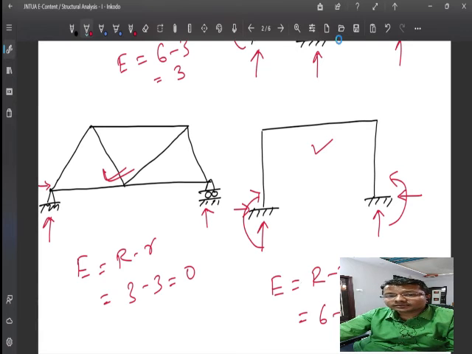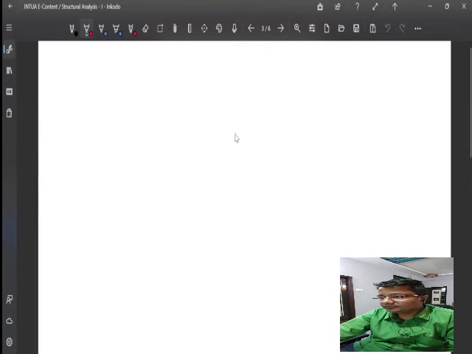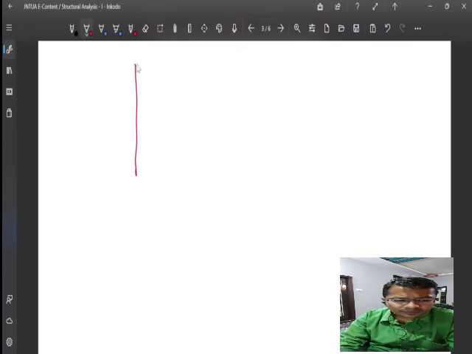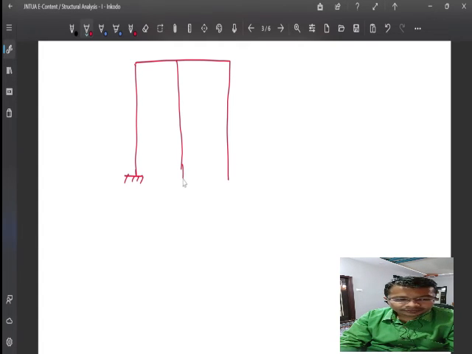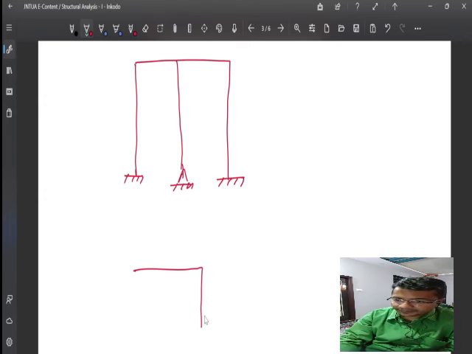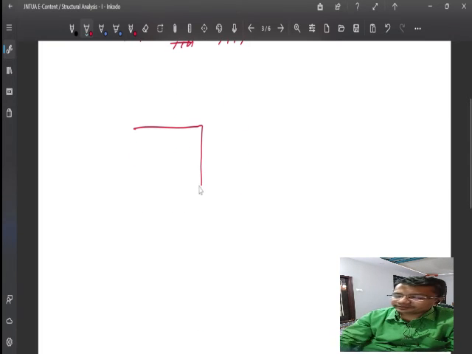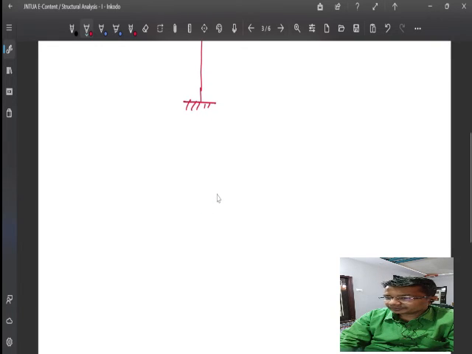So let us take some more examples. Let us say I have a frame like this, a 2-bay frame. Let us say this is fixed, this is hinged, and this one is also fixed. Next, I have a frame here where the bottom support is fixed.